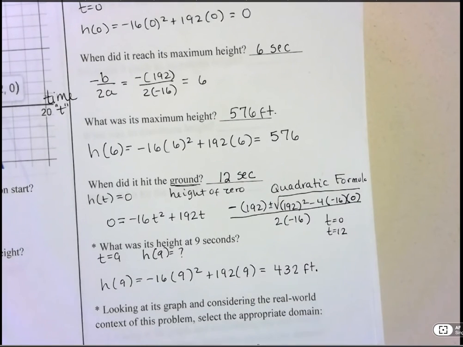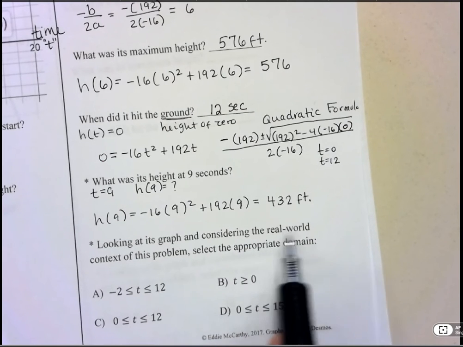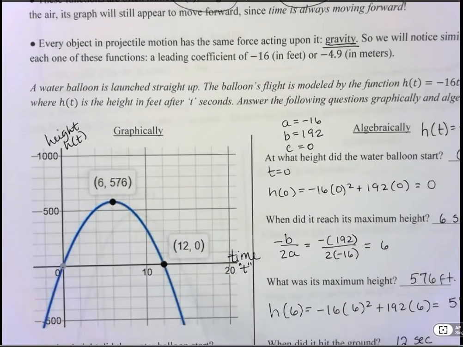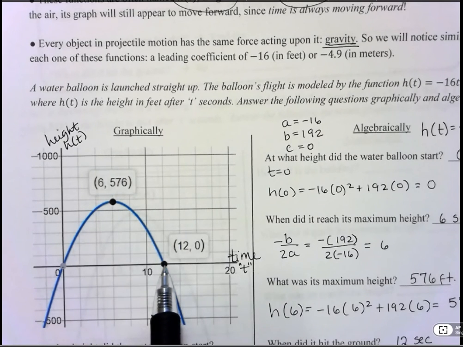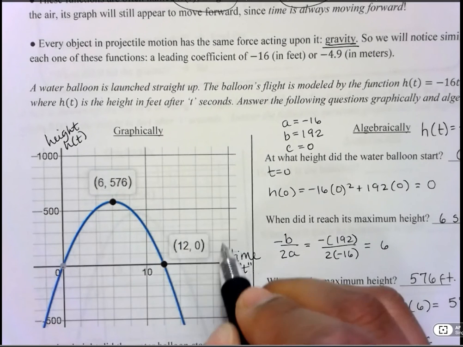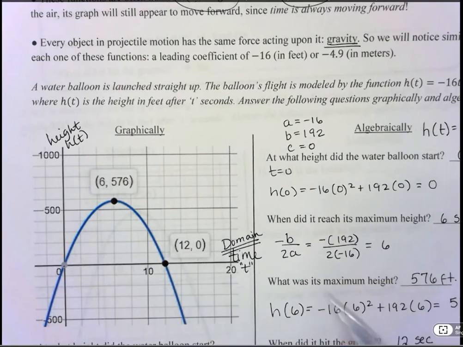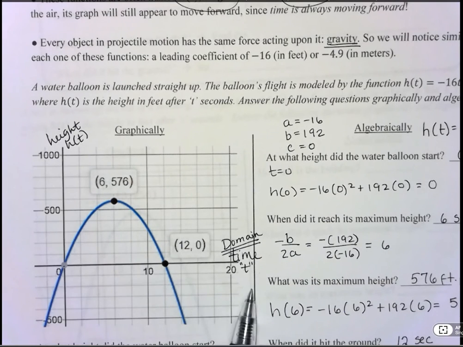Okay. Now, looking at the graph and considering the real-world context of this problem, we want to select the appropriate domain. So now let's think about it. We have a water balloon that is launched straight up, and it goes up in the air, and then it lands on the ground. The domain is going to be the time that is involved, right? This has nothing to do with height. It has to do with the time.